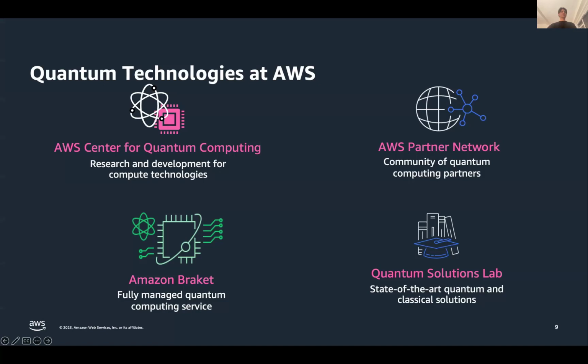Then, Amazon Braket, which is what I'm going to talk about in the rest of the slides today. Amazon Braket is a fully managed service by AWS, where we provide access to simulators and quantum hardware for you to experiment with quantum computing and build solutions.